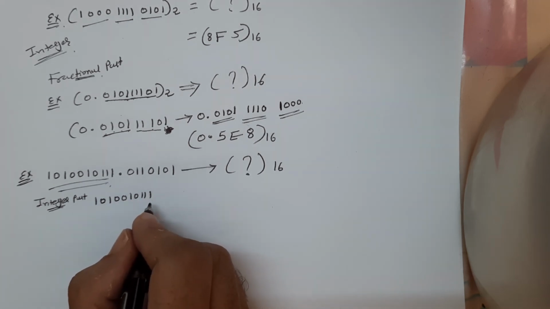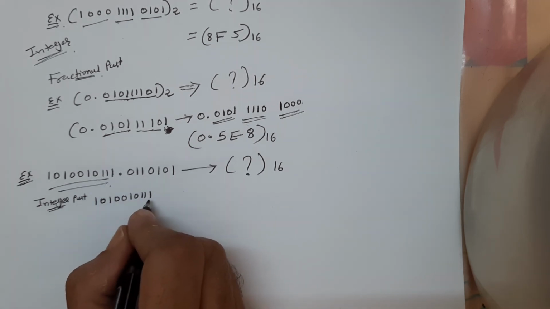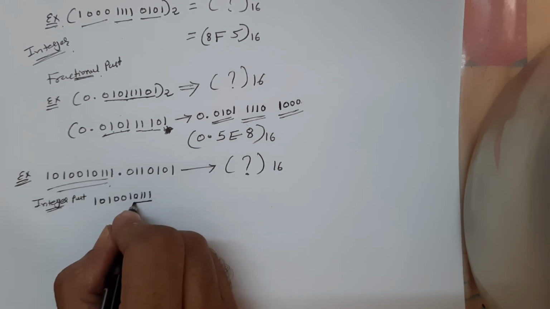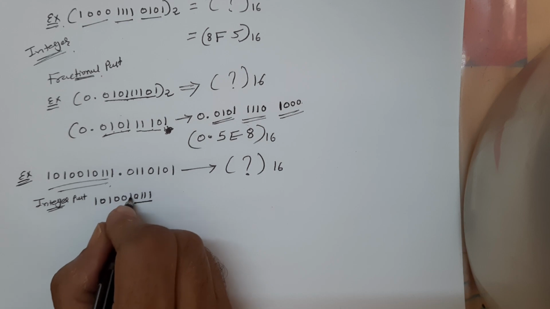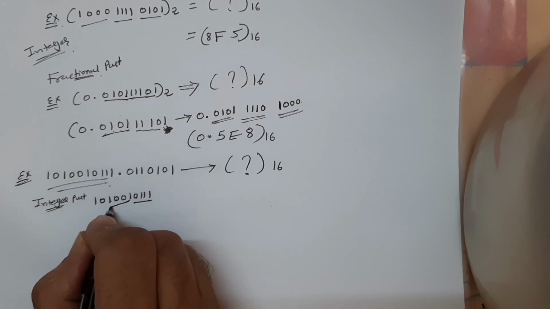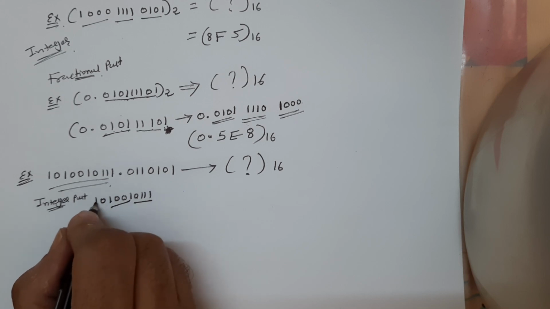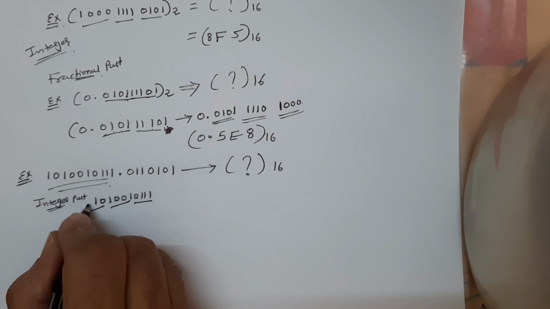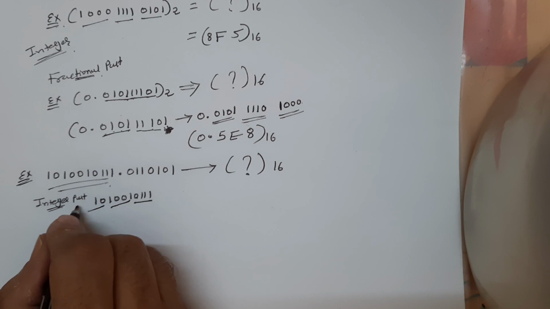So take from the left hand side 4, this is your one group, second group, 01. 01 means next figure is 0 0, right?